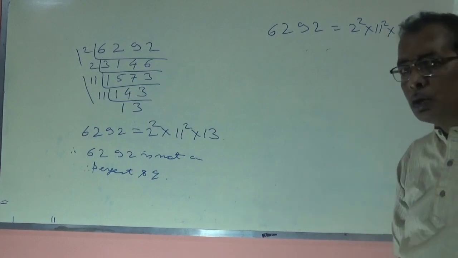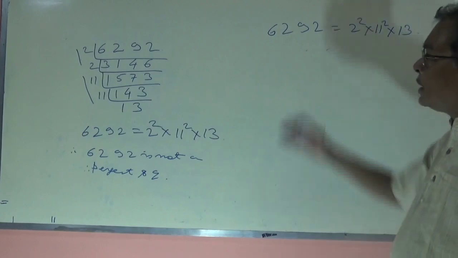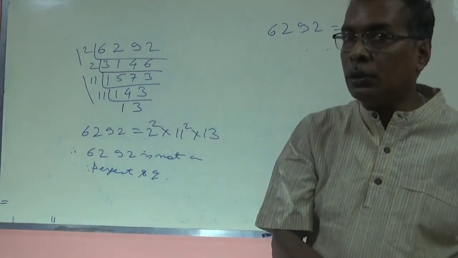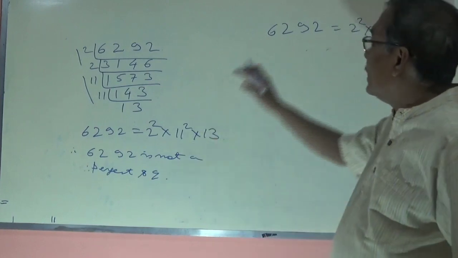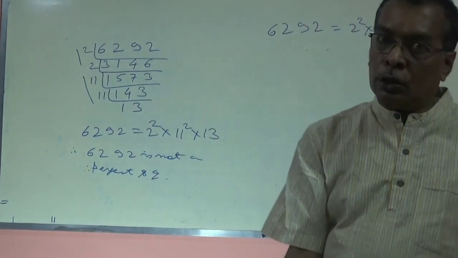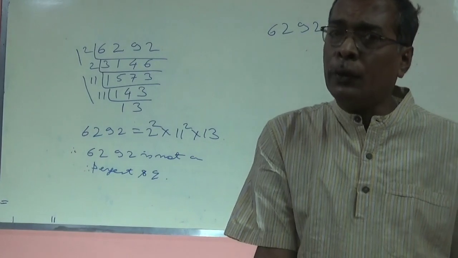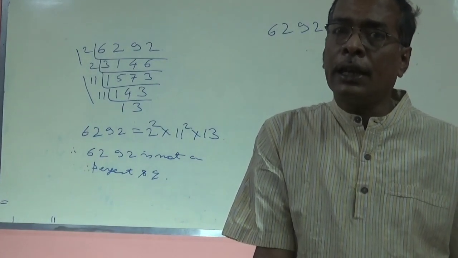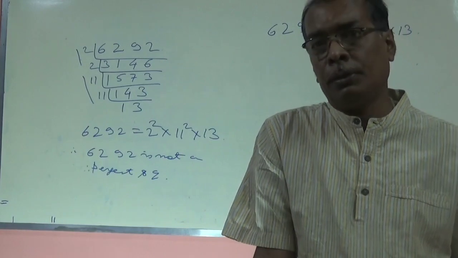Suppose in this particular question, if they are asking, it is a different slot of questions. You will find that one group of questions will be given to you: check if it is a perfect square or not. If it is not a perfect square, make it a perfect square by multiplying by the smallest number.